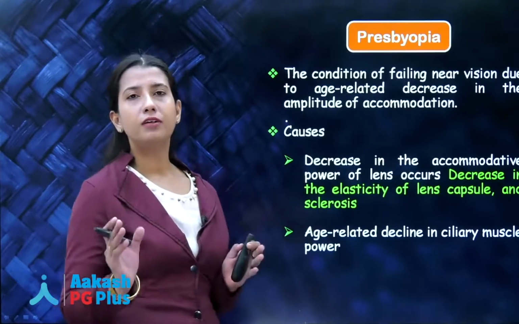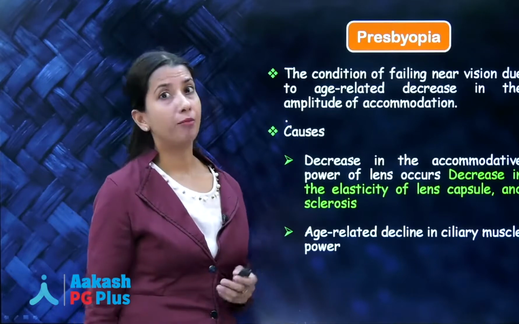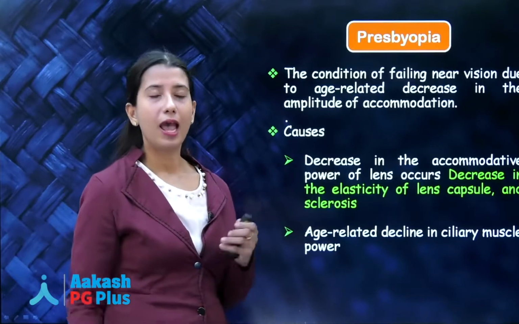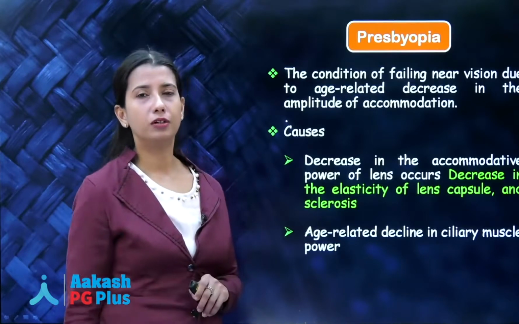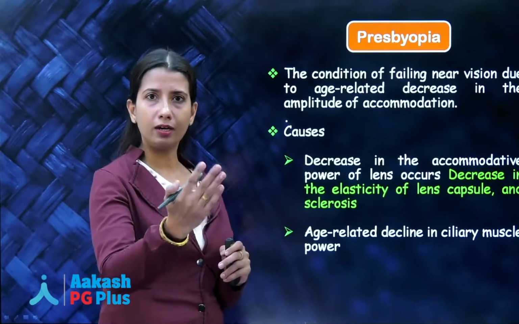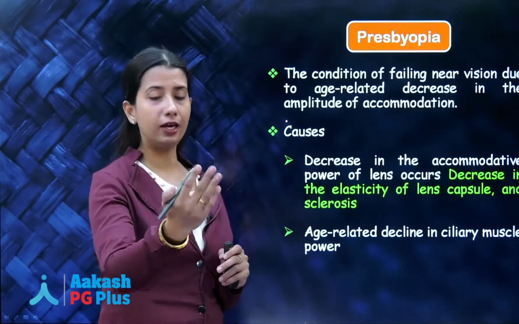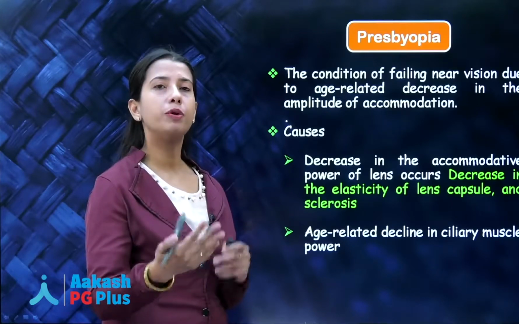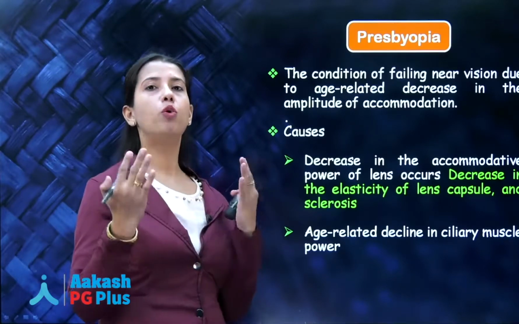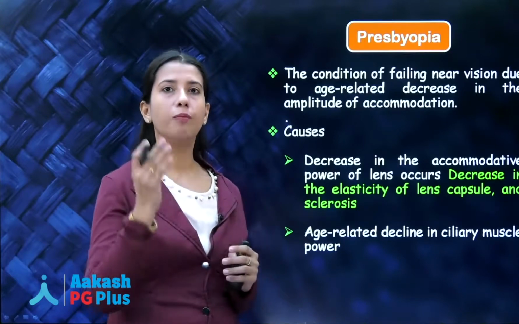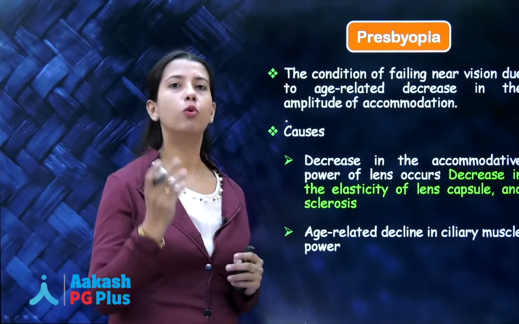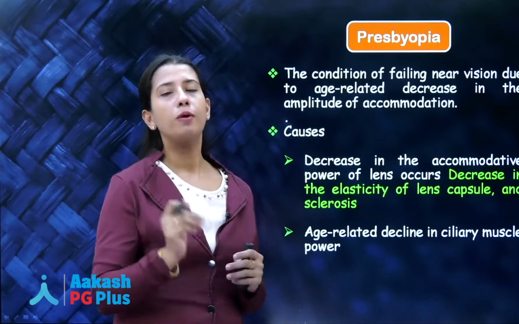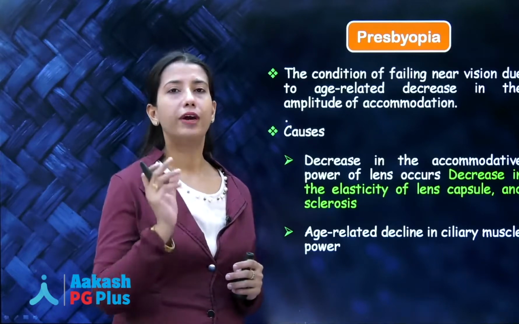God has gifted us with the most amazing camera in the universe and the power of accommodation. It means when we are looking at a distant object, we can see it clearly, but when we are looking at near, our focus has to change because now the rays are coming more divergent. So we need a more converging lens, means more convex lens to make the rays focus on retina.